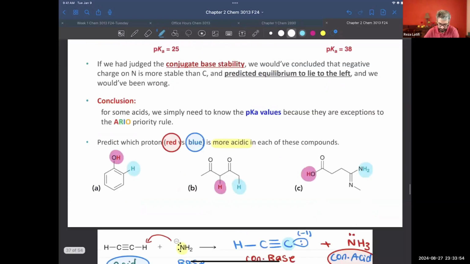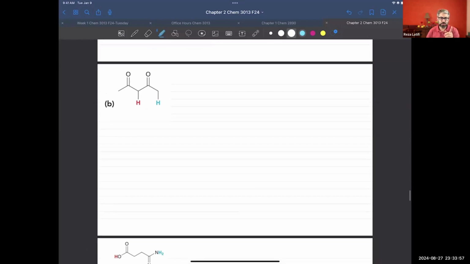I'm going to jump and work on B, then C, and after I'm done with C, I will switch to A because A is a bit tricky. We have 2 hydrogens. Let's call this one A and this one B. If we react this with a base and take the A acid, we get this.